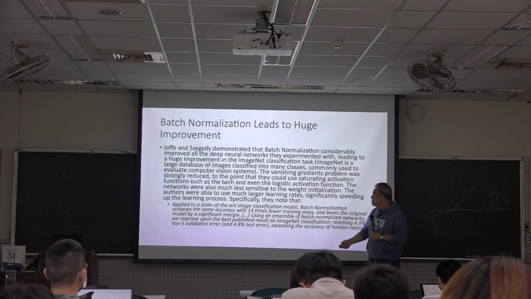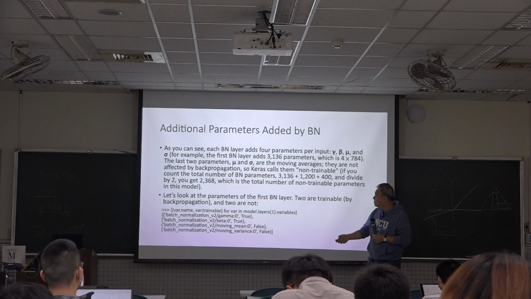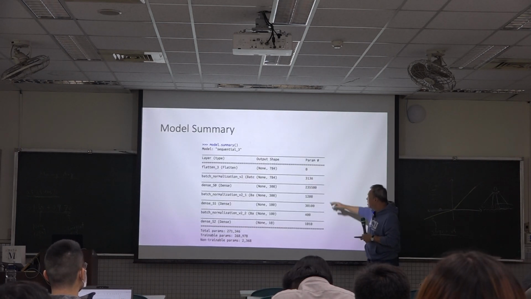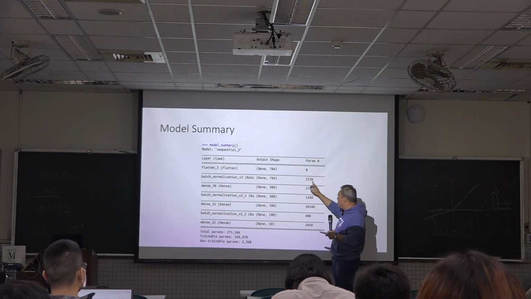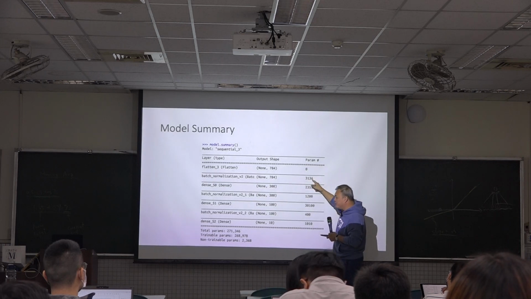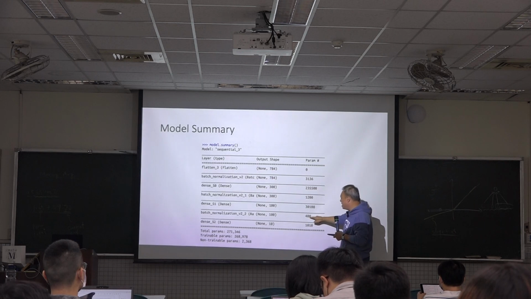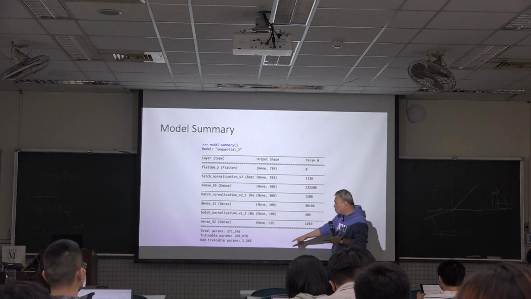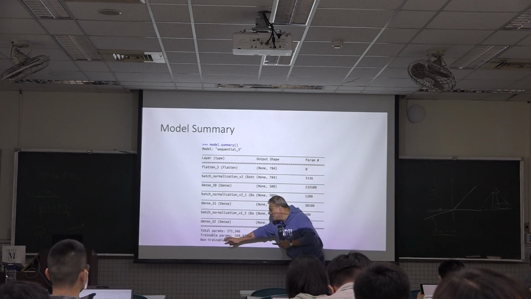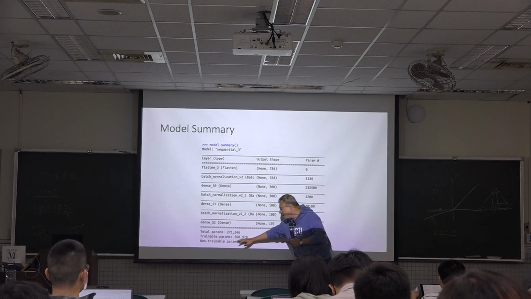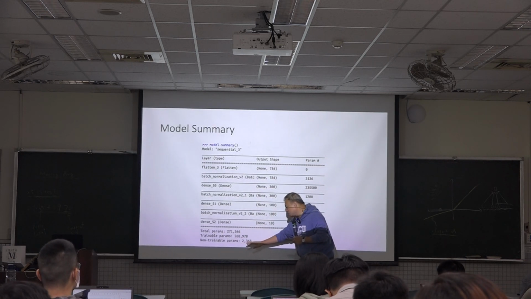So you can see, half of these are learnable, half of these are non-learnable, and the same for the others. So the trainable parameter is this many, but we have non-trainable parameters, which is 2,368.